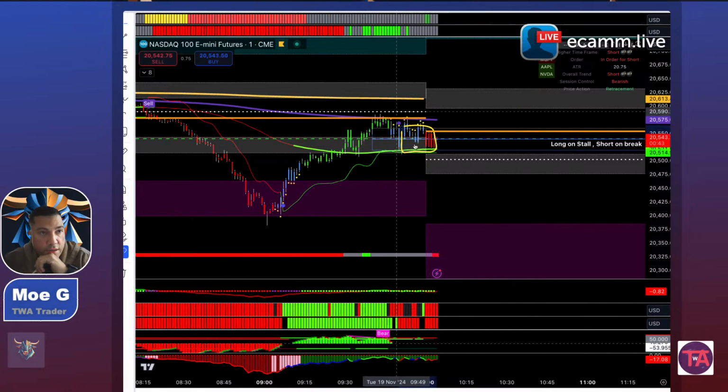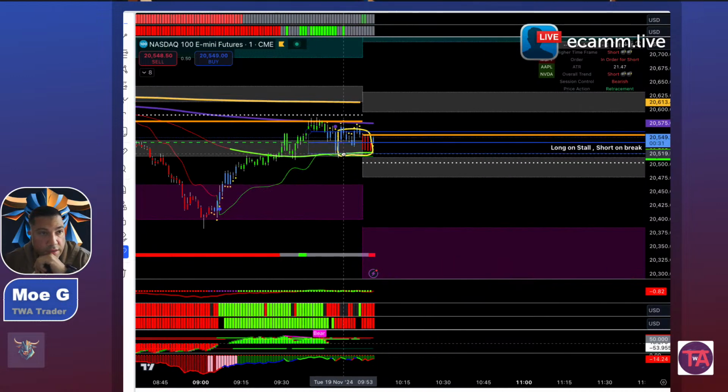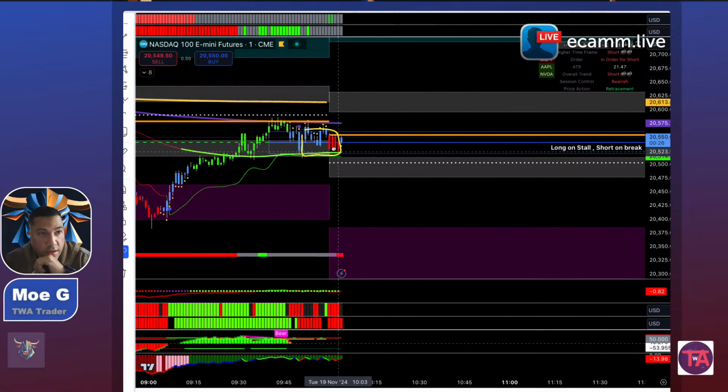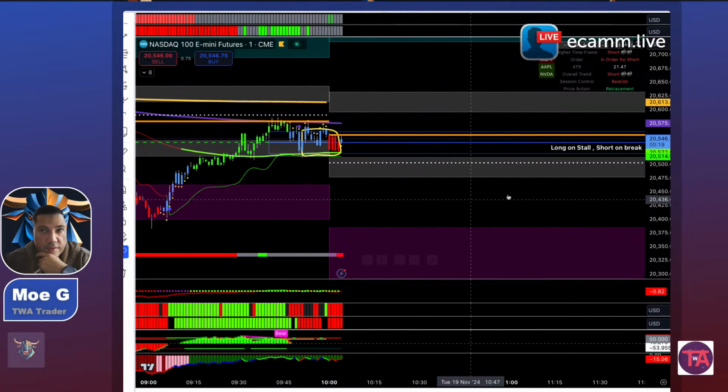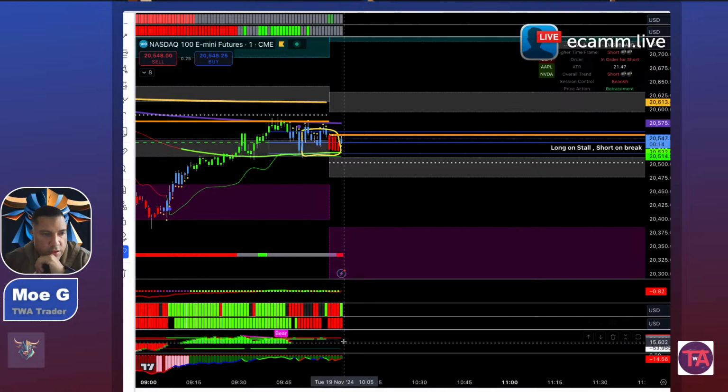If we stall out here and cannot stay above this area, then shorts are in play. But if we can't break back through, and this continues and touches here, goes up, touches here, goes up, touches, I'm going to be looking low. I'm just waiting for my other indicator, the surge, to match that thinking. Why? Because the surge is a way that I read value.